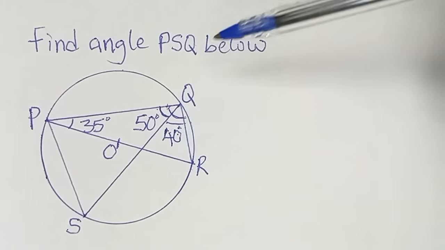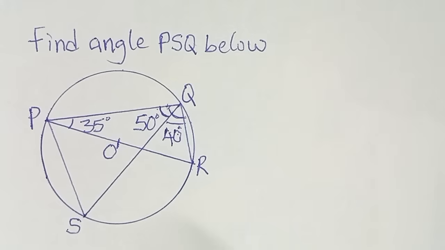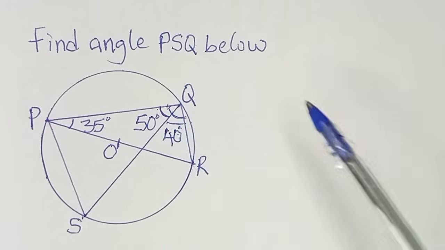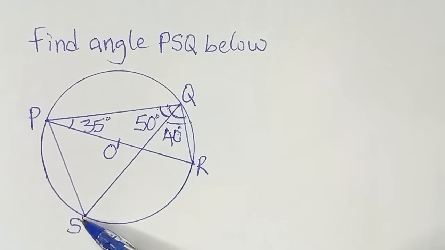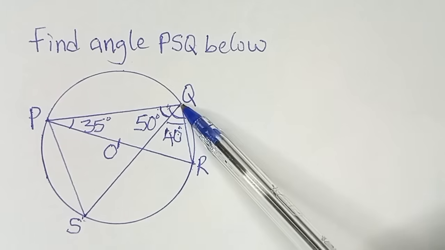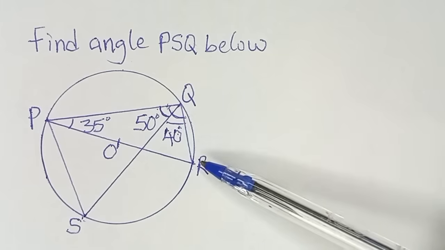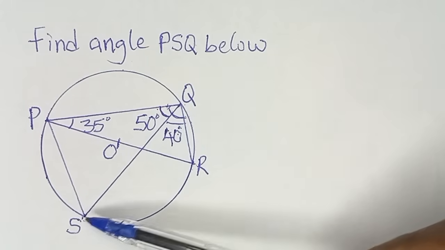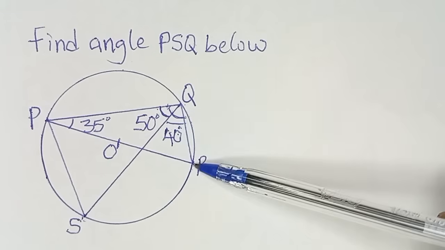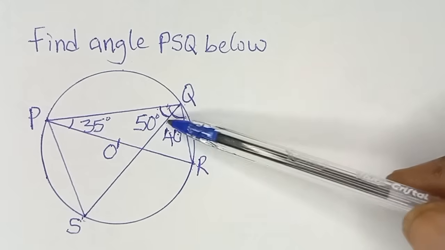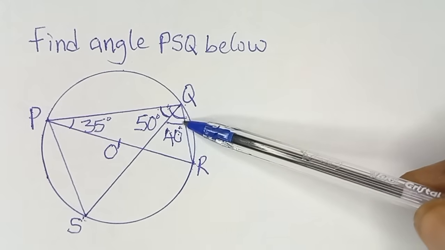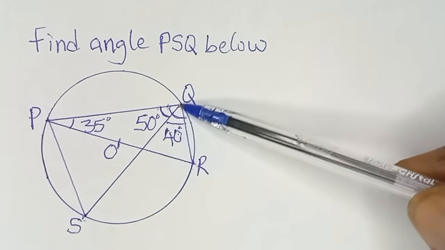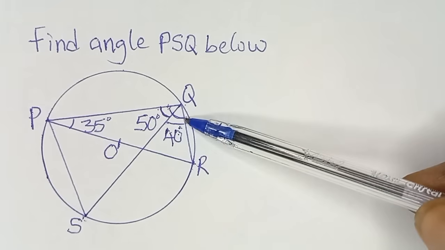The next theorem we'll look at involves the two points S and R. We have this line SQ, and from R we have this line RQ. The two of them together form this angle of 40 degrees.